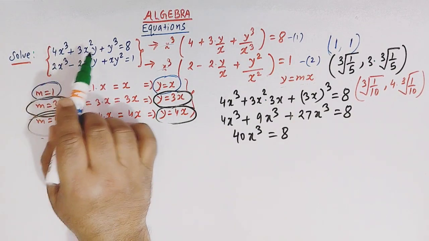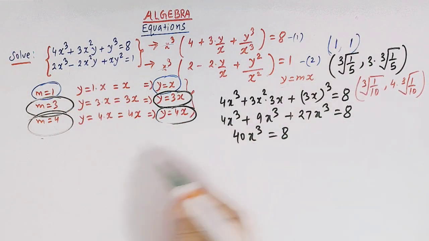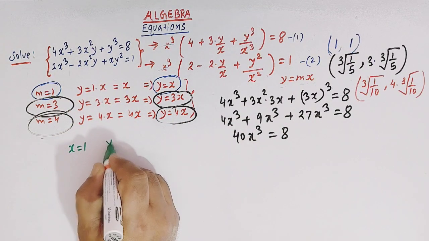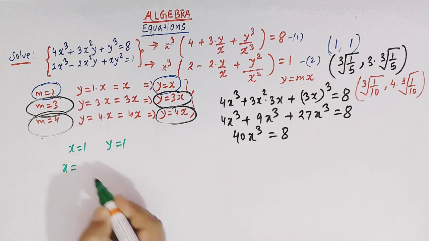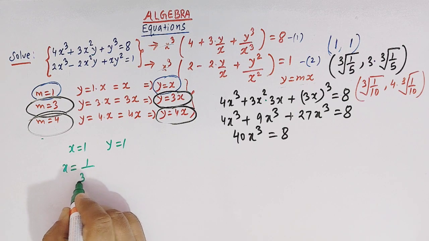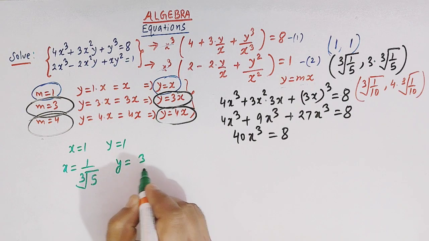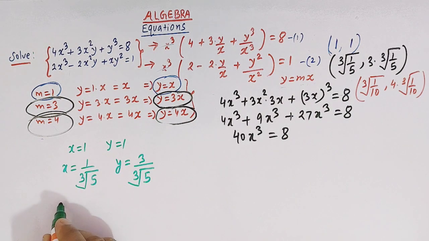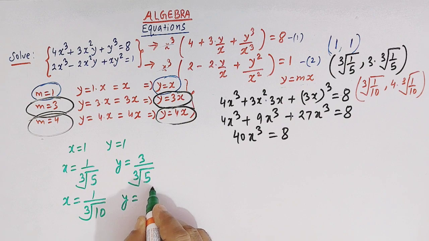The simultaneous solution of these two equations can also be written as x equal to 1 when y is 1, and this pair can be written as x equal to 1 over the cube root of 5, and y is 3 over the cube root of 5, and here we have x equal to 1 over the cube root of 10, and y equal to 4 divided by the cube root of 10.